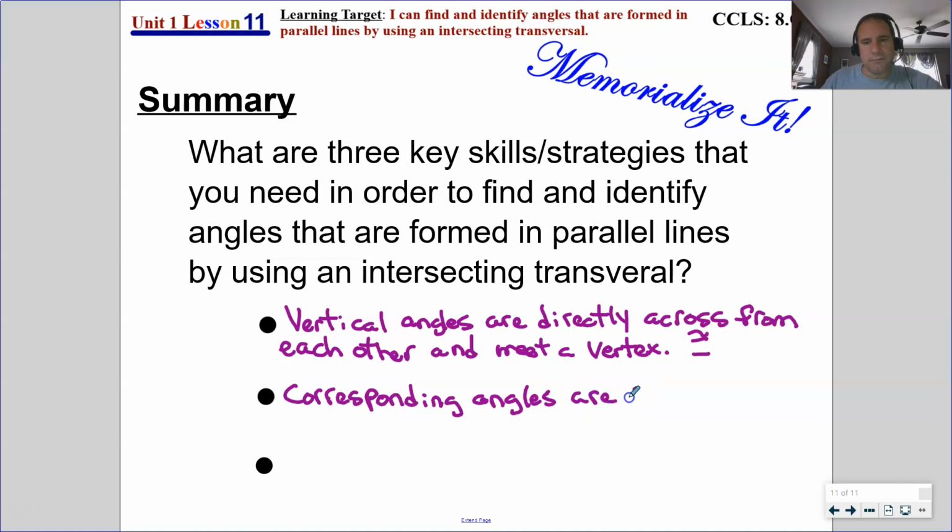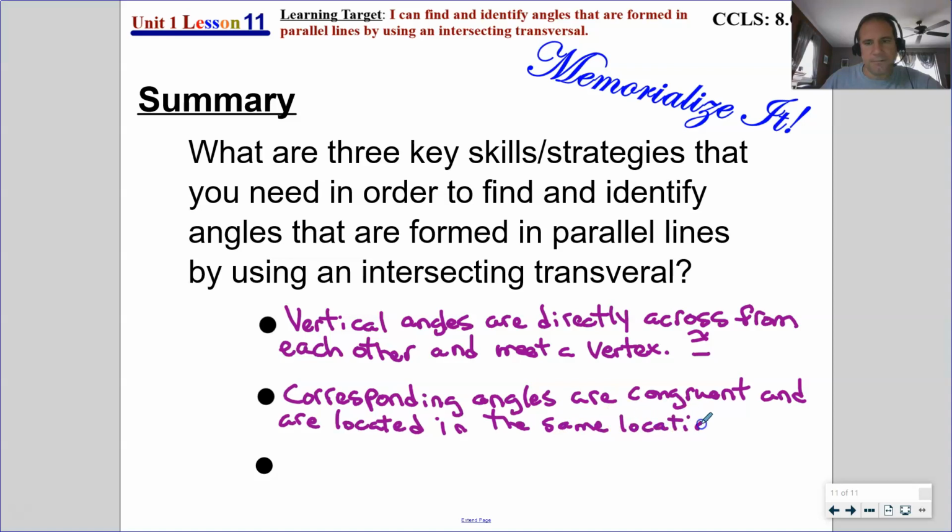Are congruent and are located in the same location. And one more, you could go ahead and put that down. You understand that you need some sort of two or three skills, strategies that you used. You could put crisscross method, or angles that look the same.